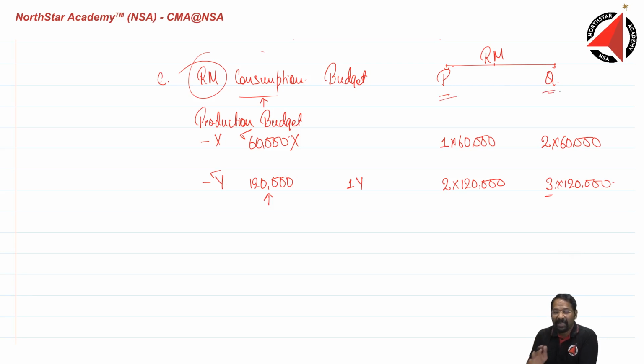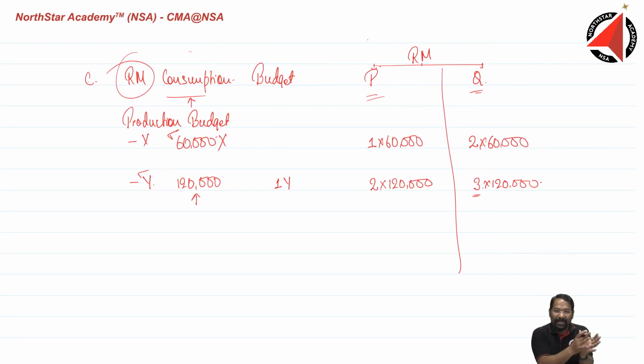So how much P and Q do we need? No, we don't need P and Q together. We need P details separately and Q details separately, because both are different raw materials. We can't mix them together, right?